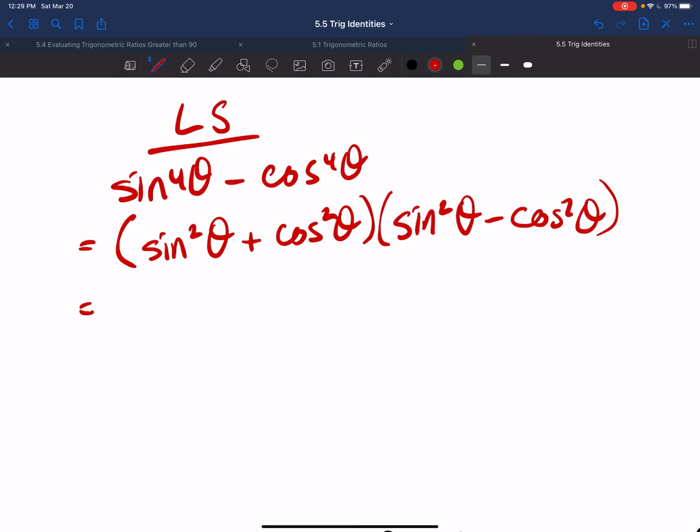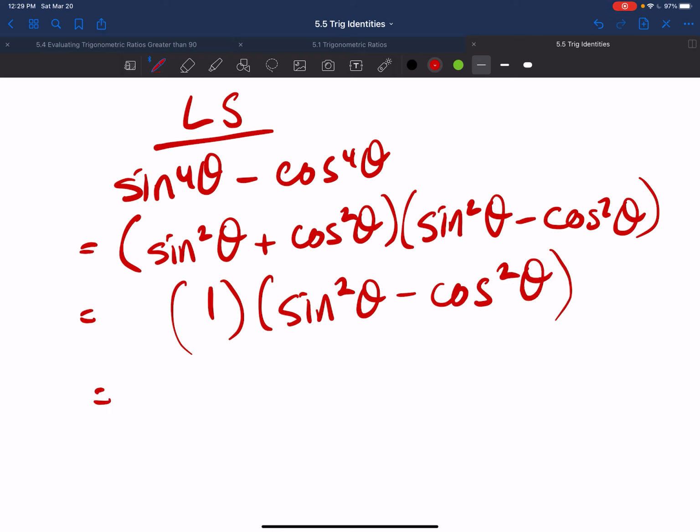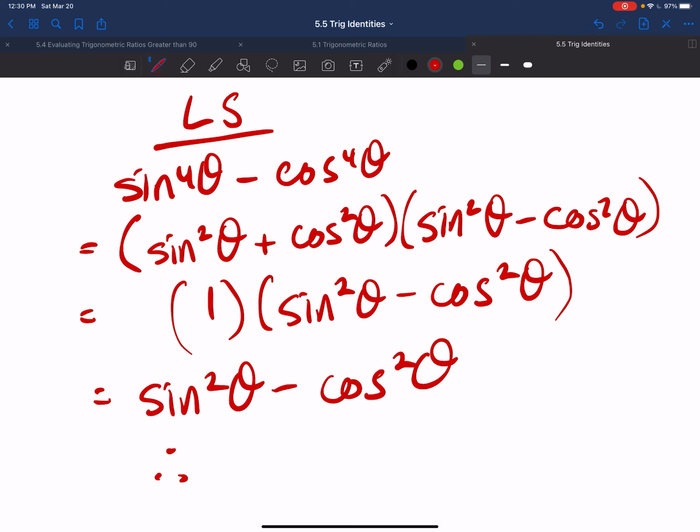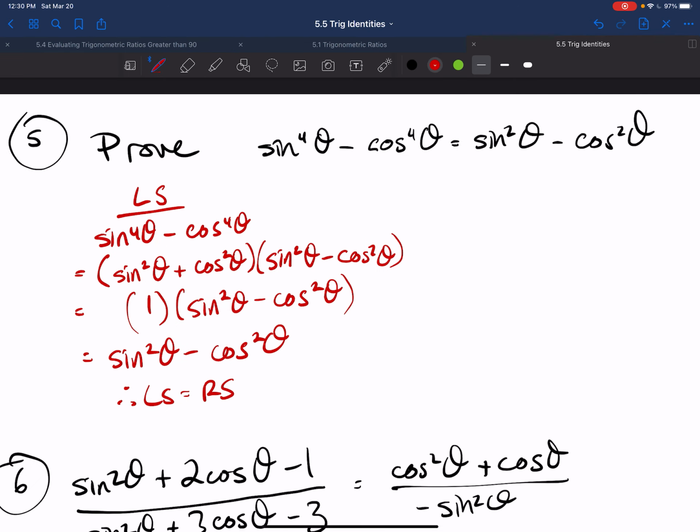Sine squared theta plus cos squared theta is 1. It's the Pythagorean identity. So that's it. Left side equals right side. We've proven that identity.